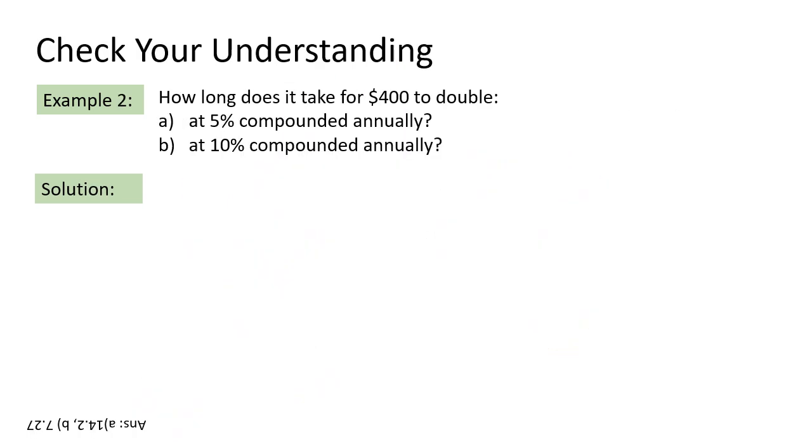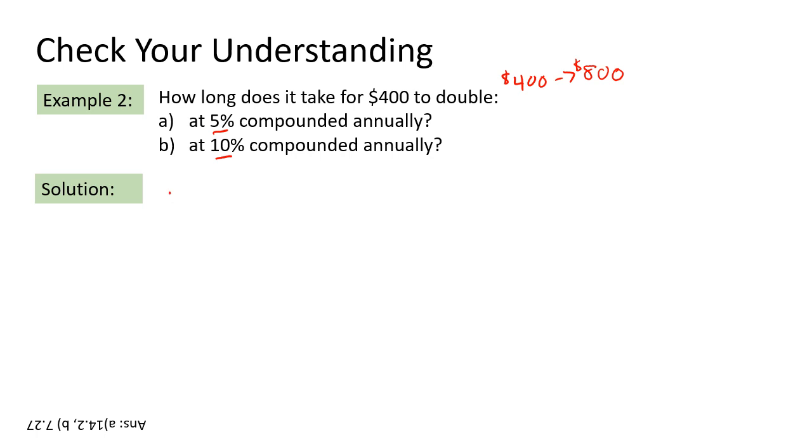So let's look at another example. How long does it take for $400 to double? In other words, go from $400 to $800 at 5% compounded annually and at 10% compounded annually.